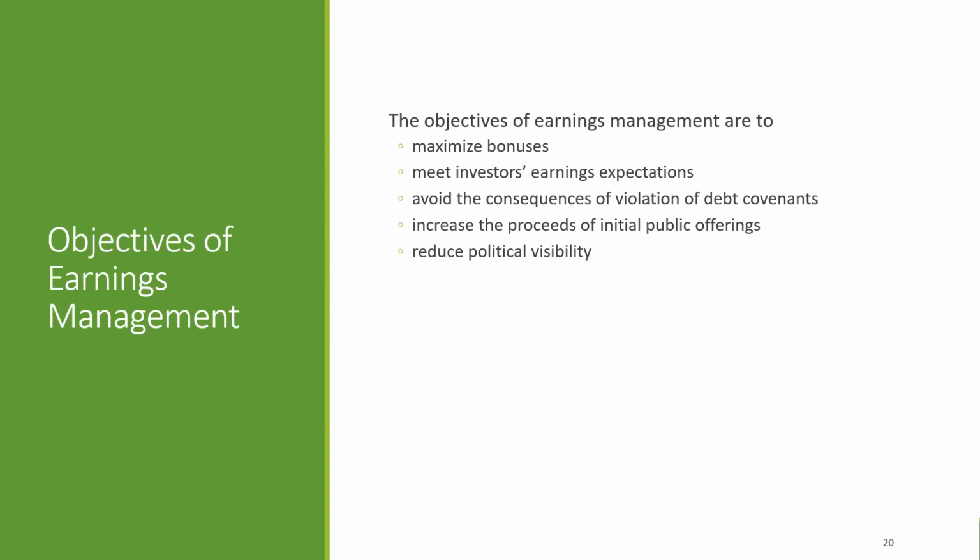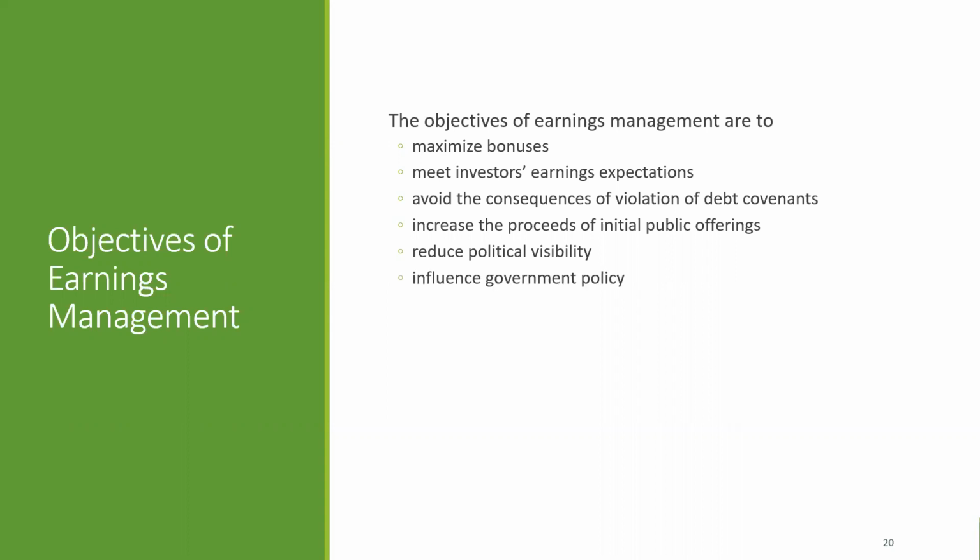So companies might just want to avoid that media glare. In order to reduce political visibility, maybe they will try to reduce their earnings number. Our net income could be higher than what we state, but we just want to stay under the radar, so they might report lower earnings than possible.